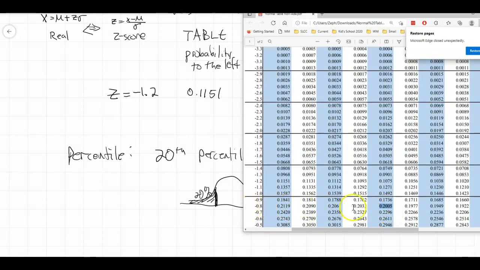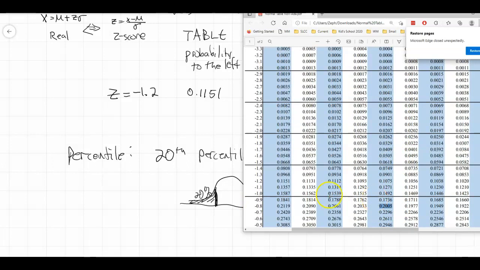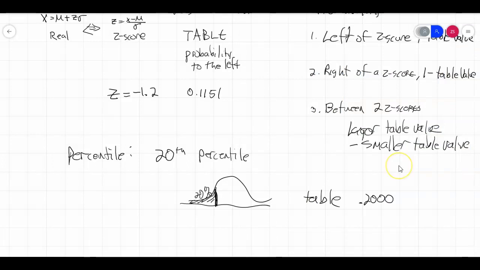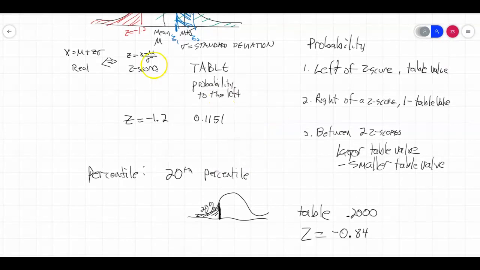Again, negative 0.84 is the closest one that has the 0.2 in the table. Negative 0.84. And then from there you can go back to the real world value with formulas. So hopefully this makes more sense on how to take a z-score to the table, and then depending on what question they ask, how to use the table value or values.